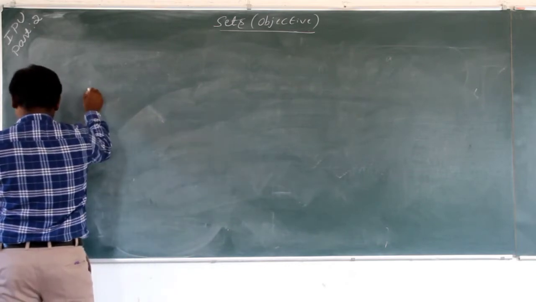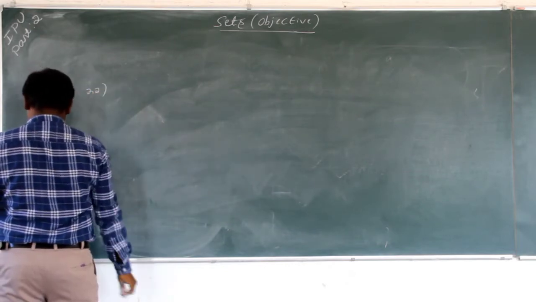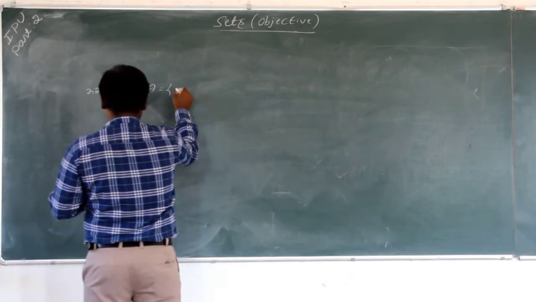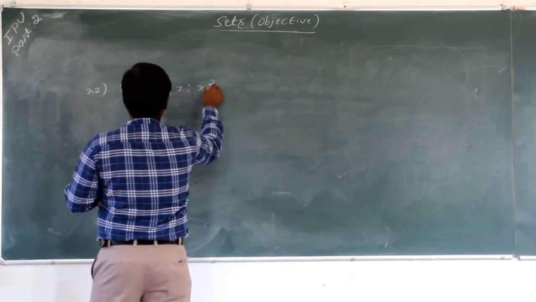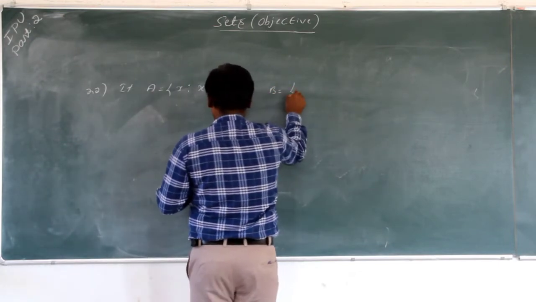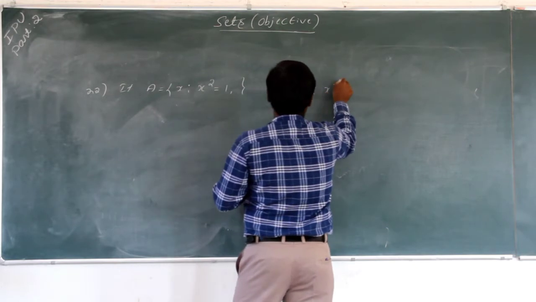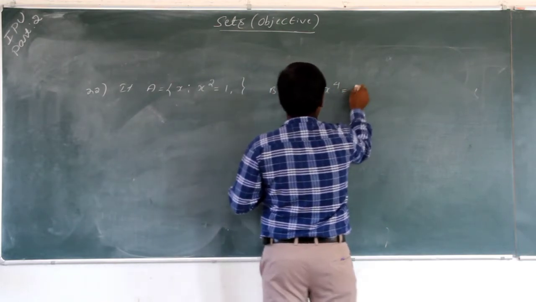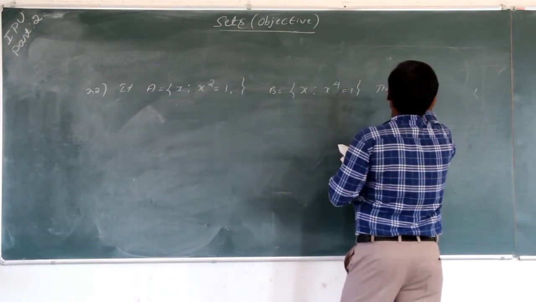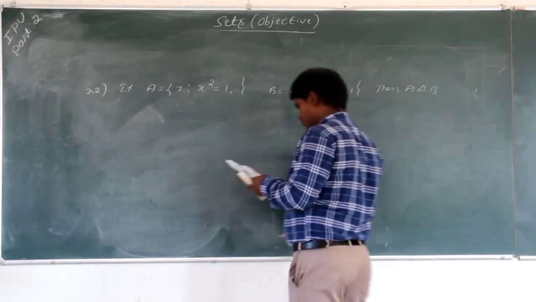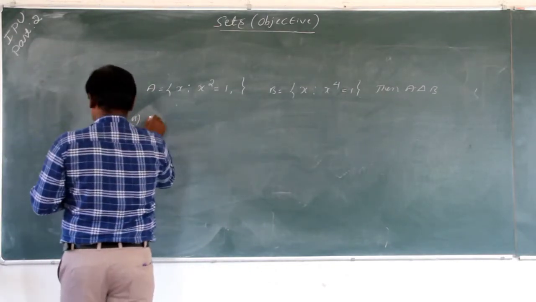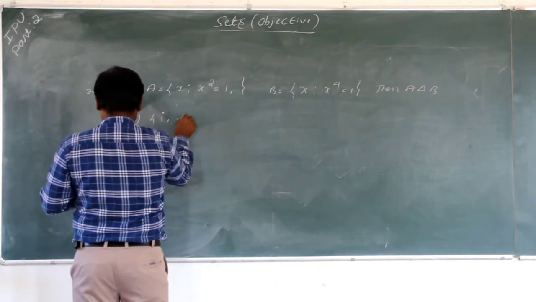So next, question number 22. If A is equal to the set of x such that x square is equal to 1 and B is equal to the set of x such that x to the power of 4 is equal to 1, then the symmetric difference of A and B is: option A is i, minus i.